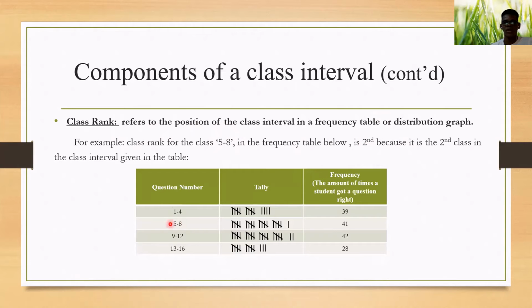So the class rank is a relative value, meaning that it depends on its position in the frequency table. Most of your class intervals are there to put on a frequency table or on a graph. So first, second, third, fourth, those are the class ranks for these class intervals.